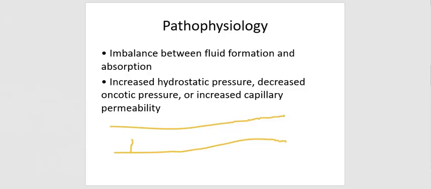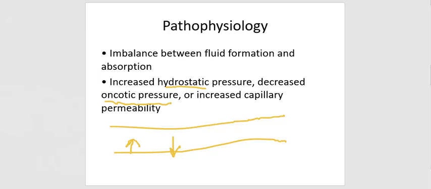This arrow going up here is representing this force, which we're calling oncotic pressure or colloid pressure. The other one pointing down here is representing hydrostatic pressure, meaning oncotic pressure wants to keep fluids within the vessel, while hydrostatic pressure wants to force it out.